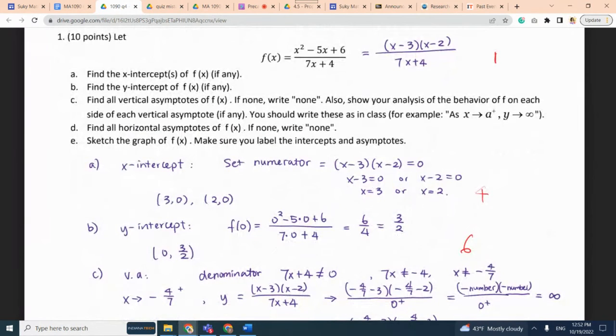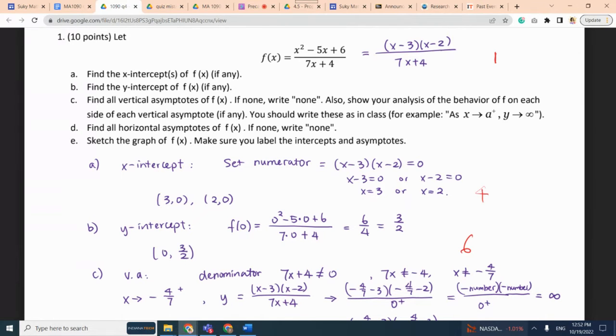Let's see. Part A. To find the x-intercepts, we set the numerator equal to zero. So given this rational function, we factor the numerator and denominator. The numerator can be factored as x minus 3 and x minus 2. Right, everybody?